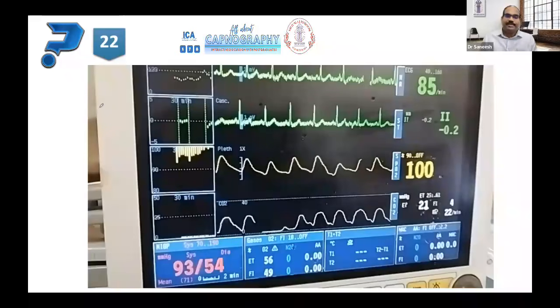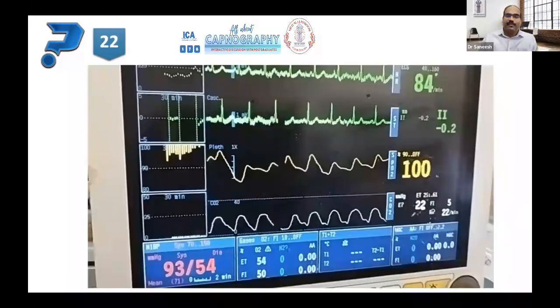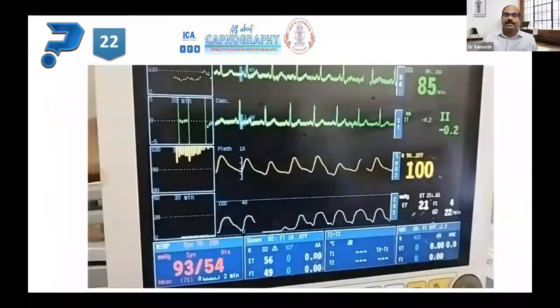But if sampling is in a low flow system, face mask or Venturi, even HFNC, you don't get reliable EtCO2 monitoring. In such scenarios, what is your solution? If you want to monitor EtCO2, suppose you are using Thrive, transnasal humidified rapid insufflation?